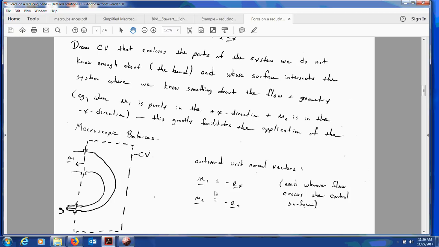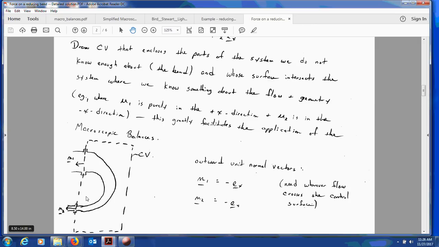Note that the normal vector is not necessarily in the direction of flow. At position 1, the flow is in the plus x direction from left to right, but the normal vector points outward from the control surface, and therefore it points to the left, and consequently it's the same at both positions 1 and 2.